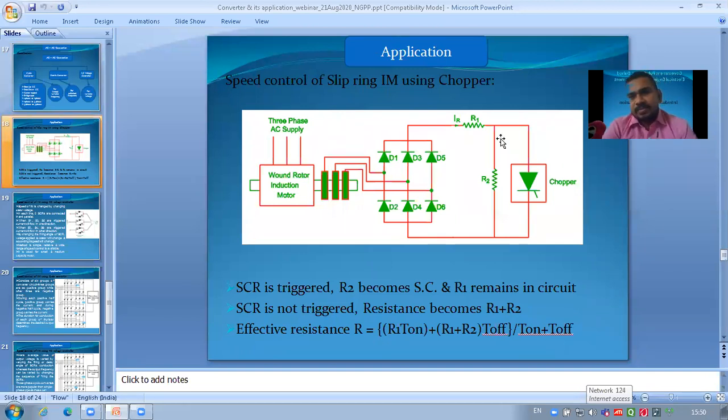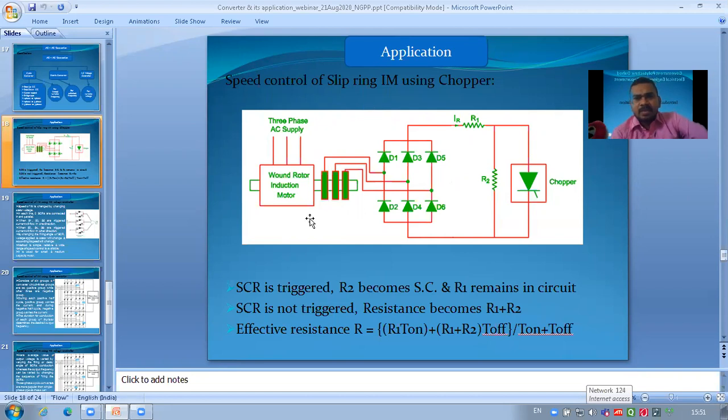We can control the speed of the motor by inserting resistance. Here the thyristor is used. In this circuit, we have to insert the R1 and R2 resistances according to the switching of this SCR or thyristor.